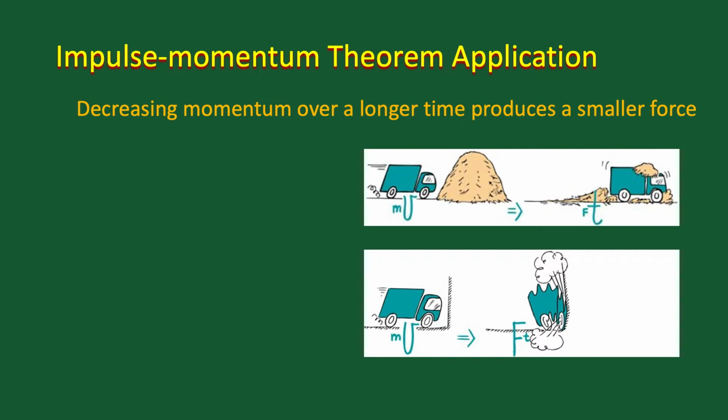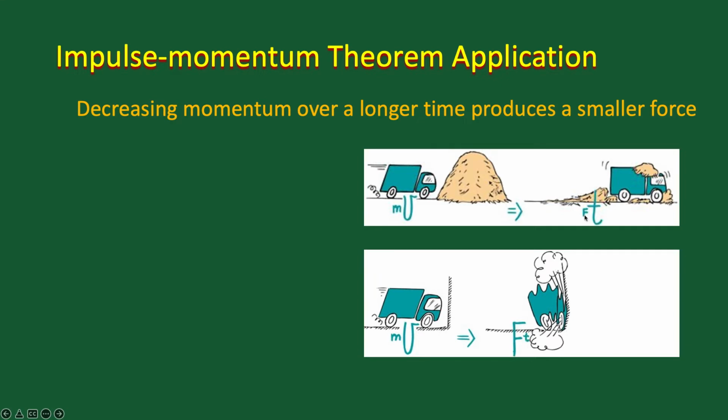One is by applying smaller force over a longer time period, or applying larger force over a smaller time period, as shown in the figure. In the first case, when you run over the pile of haystack, you're applying smaller force over a longer time period. And in the second case, when you're hitting the concrete wall, you're applying larger force over a smaller time period.